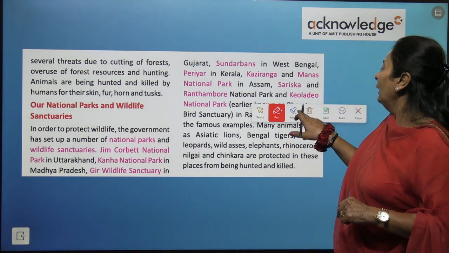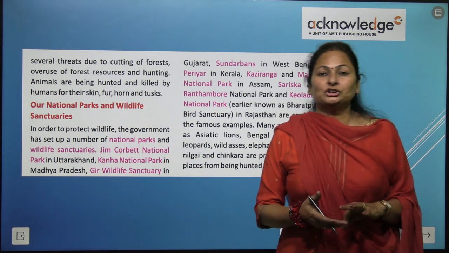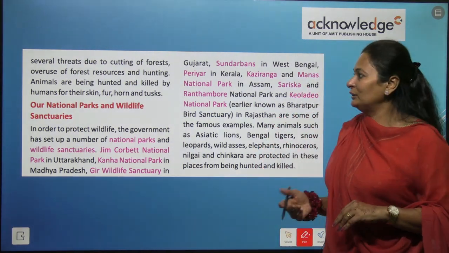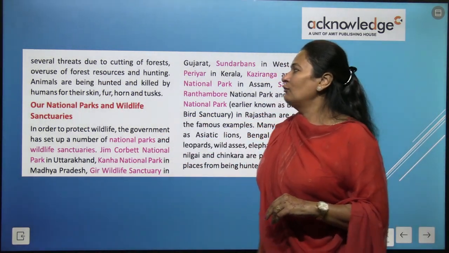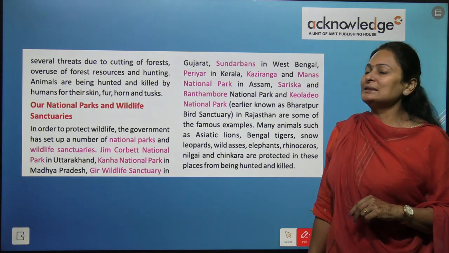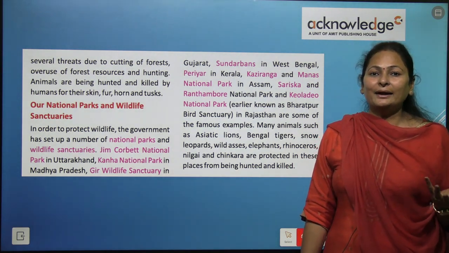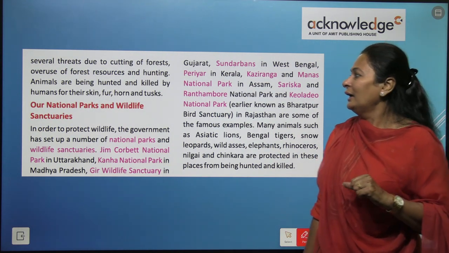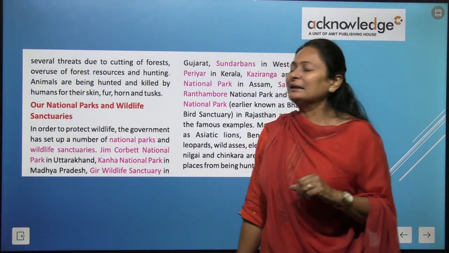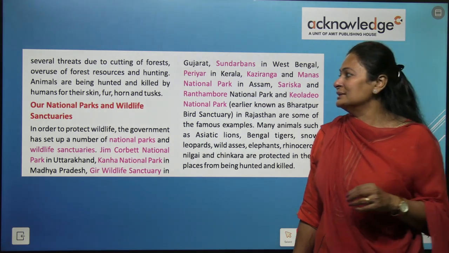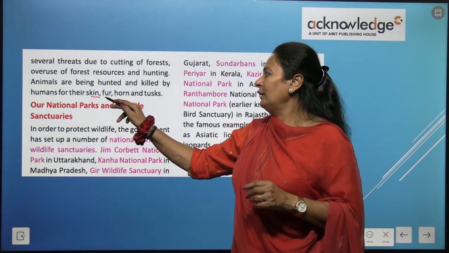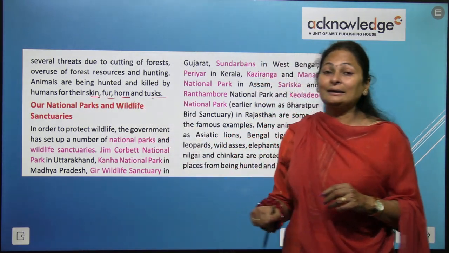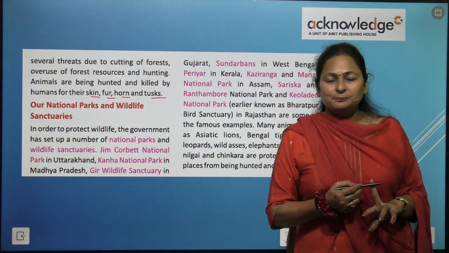Because of deforestation or cutting down the trees, overuse of forest resources, and hunting. Animals are being hunted and killed by humans for their skin, fur, horns, and tusks, right?